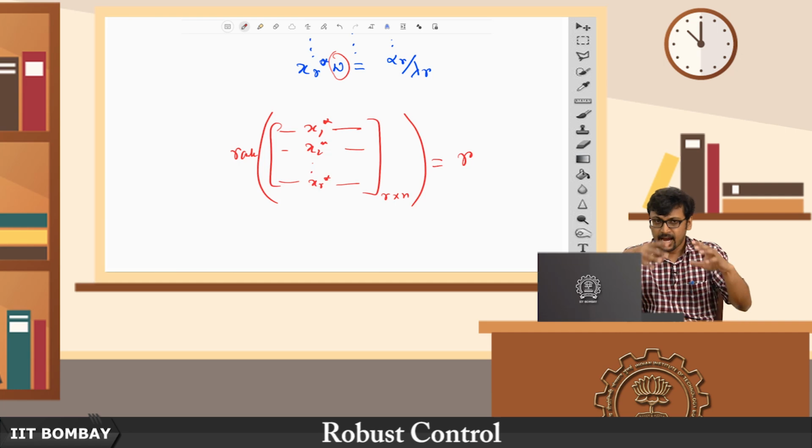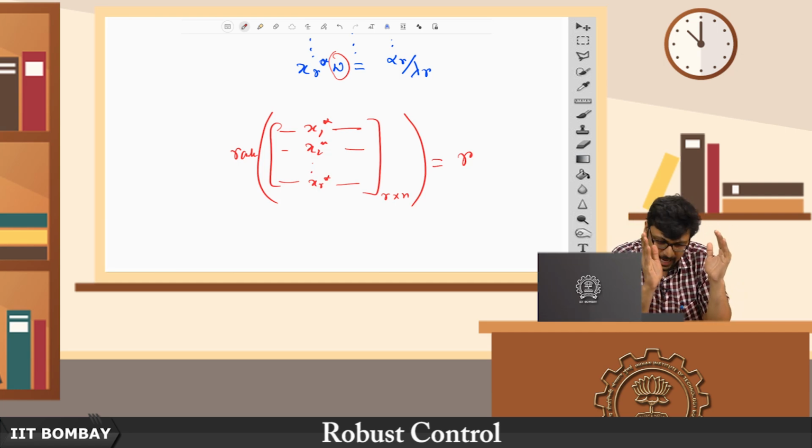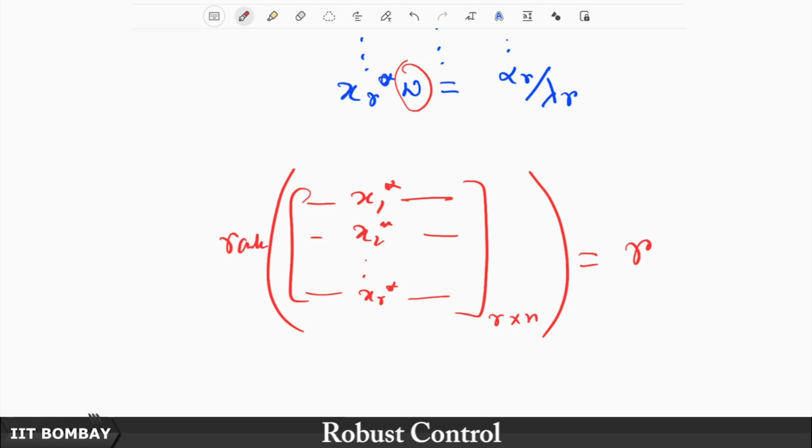So, when you have an underdetermined system of equations where the matrix has full row rank, you can always find a solution. Whether the solution is unique or not, that is a different question.